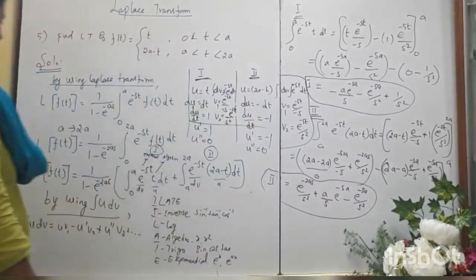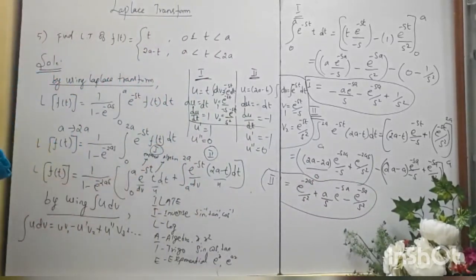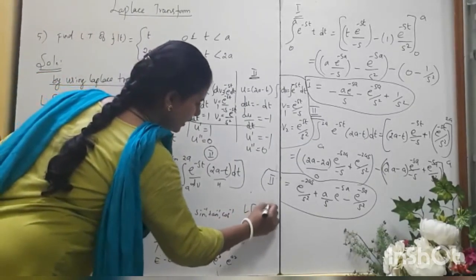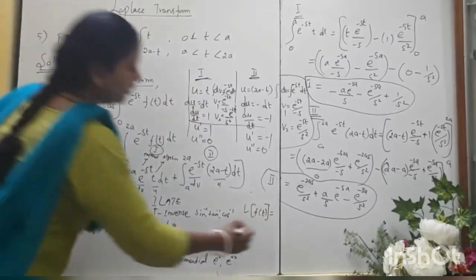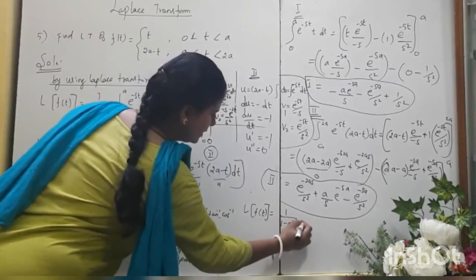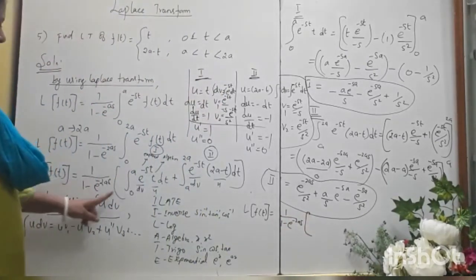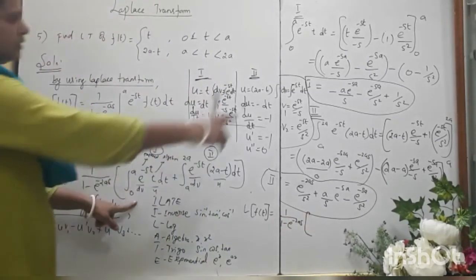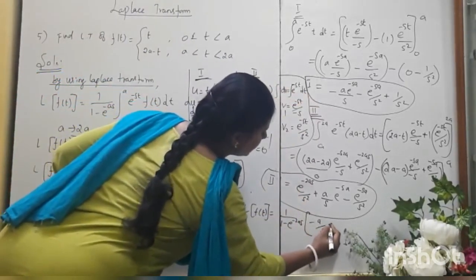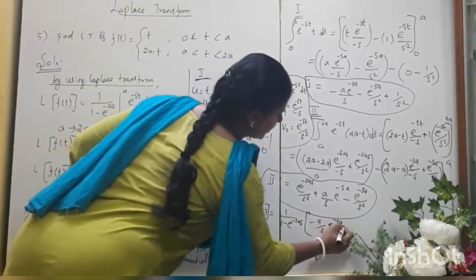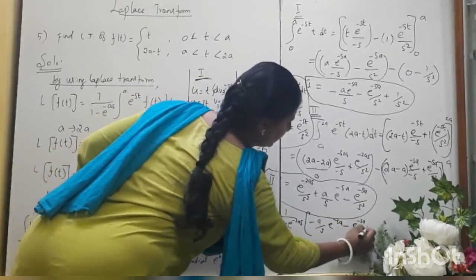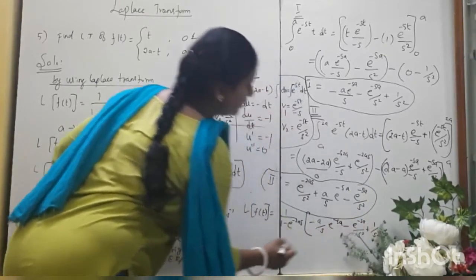So you are adding these two. So L of f of t equals 1 by 1 minus e power minus 2as, this part is solved. This is the solution for part 1: minus a by s e power minus sa minus e power minus sa by s square plus 1 by s square.